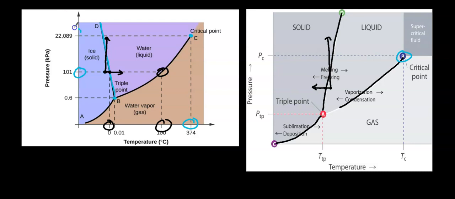So notice for water, the critical pressure, 22,000 kilopascals. That is really high. It takes a lot of pressure to hold those particles together if they're moving so fast. So we have critical pressure, critical temperature for water listed there. Not super important, but wanted to mention that nonetheless, since they were given to you on both of these graphs.